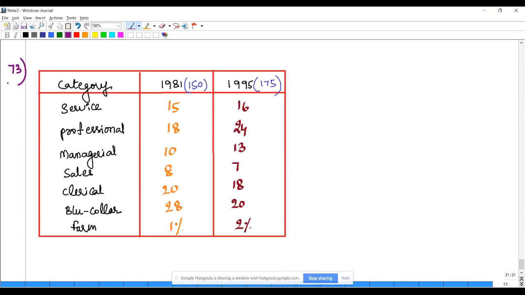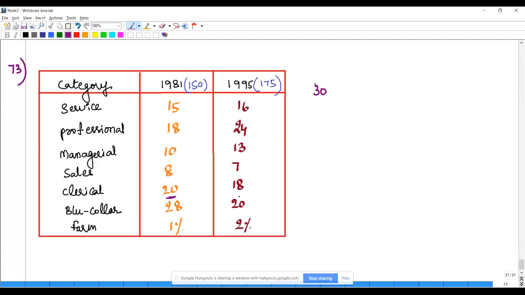It says, find the increase in the number of clerical workers in the workforce of country X from 1981 to 1995. In 1981, clerical workers are 20% of 150. So 20% of 150, you can simply calculate, is 30 million.